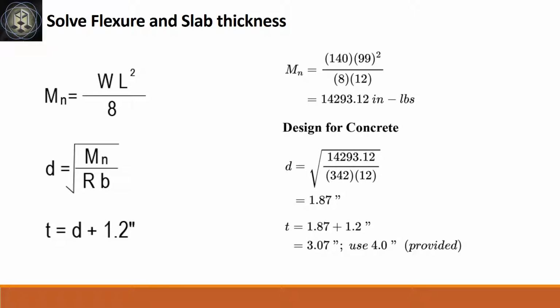With a total load of 140 pounds per foot and 8 feet 3 inches span, the moment is 14,293.12 inch-pounds. The effective depth is 1.87 inches and a total depth of 3.07 inches. Use 4 inches as minimum.